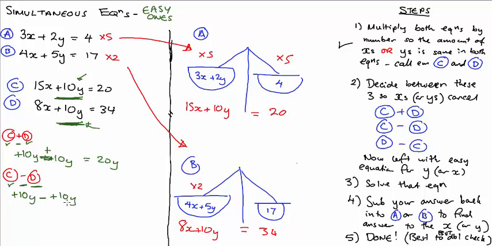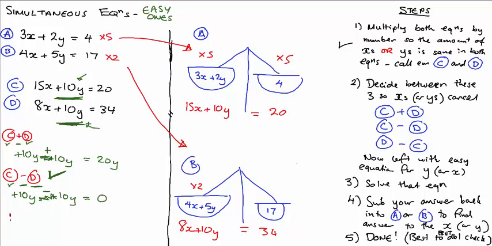And that's why I like to always think of the signs. When you work with the signs, you don't mess this stuff up. Minus and plus is a minus. So can you see that becomes plus 10y minus 10y, and that's going to cancel out to 0. So this will work.